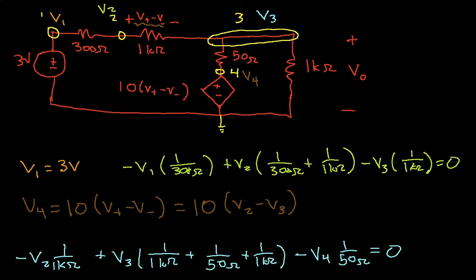So we had V1 was 3, which we expected. V2 was 2.92 volts. V3, which is also Vout, is 2.64 volts. And V4, which is the output of our source, was 2.76 volts.